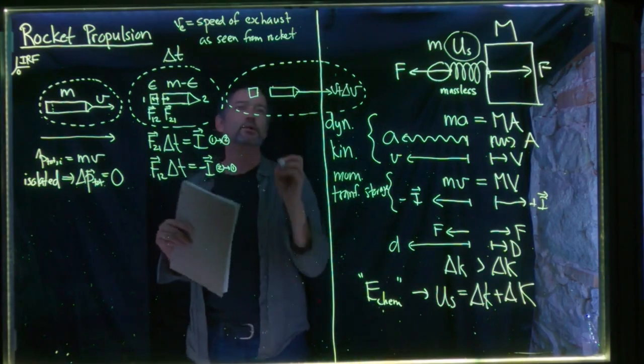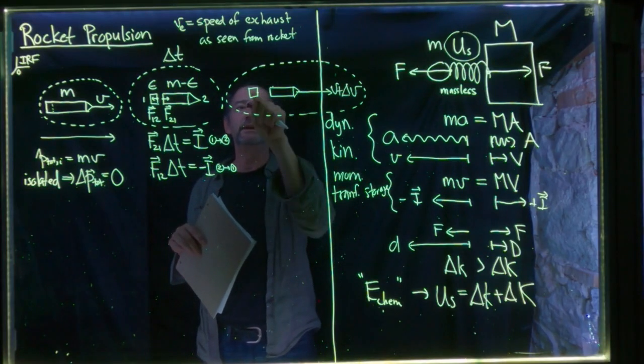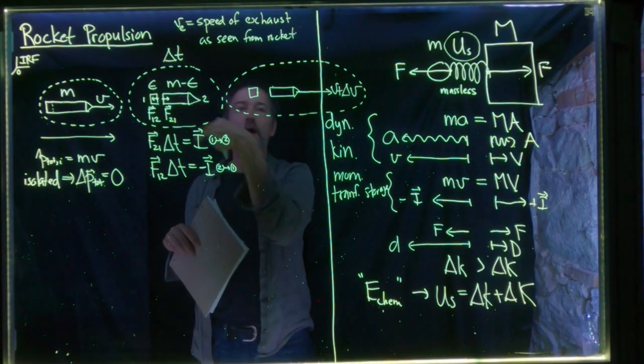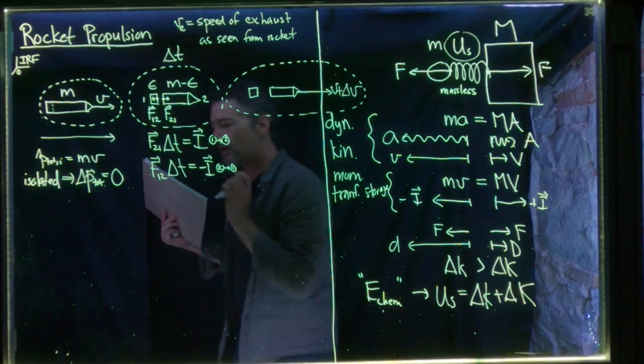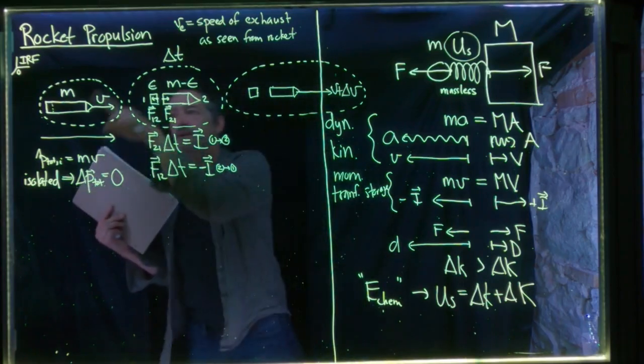Okay, so if the rocket were at rest, then the speed of those exhaust gas particles to the left would just be VE. However, these exhaust gas particles are being thrown out not from an object at rest, but an object with a velocity v.